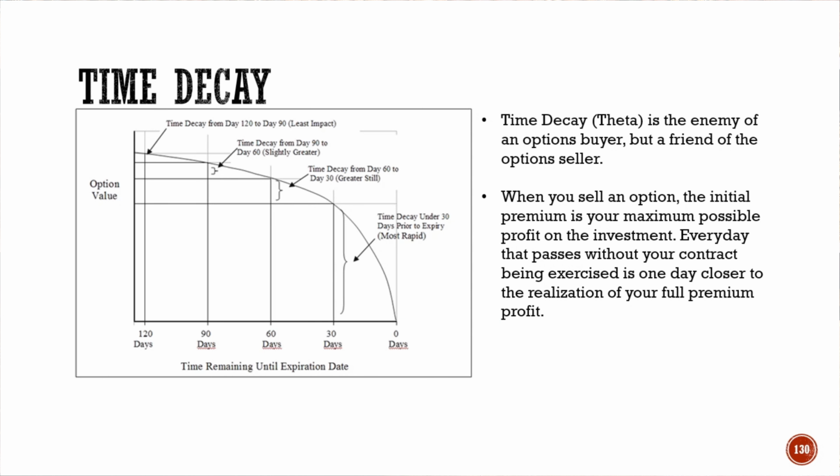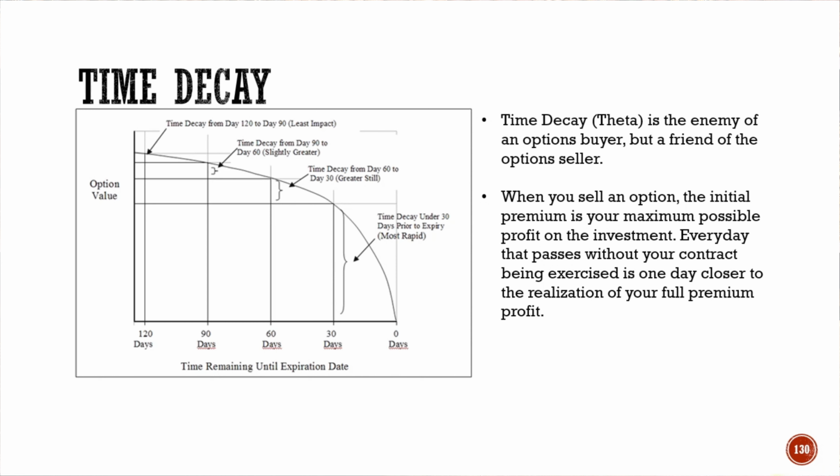Now, for the seller of an option, time is their friend, and it's called time decay. The closer you get to expiration date right here, the more likely it is that someone won't exercise that option, and you won't need to receive a put option against you where you have to take in custody of someone's underlying assets, or give up an underlying asset.